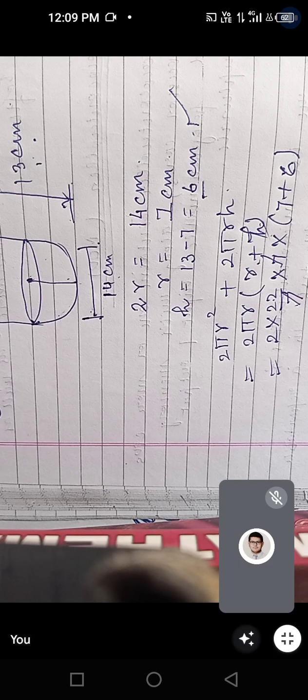If the total height of the toy is 15.5 centimeter, find the total surface area of the toy.